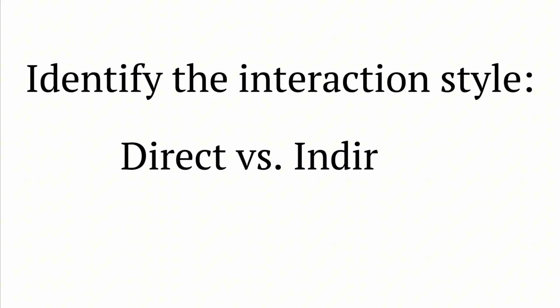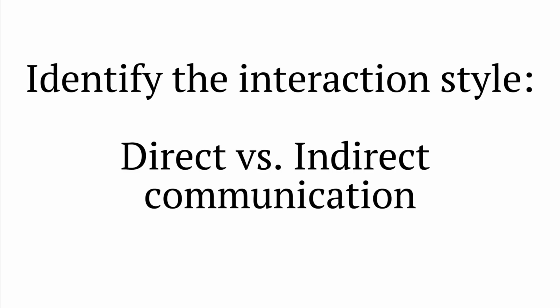Identify the interaction style to be used with each individual, because there are at least two types: direct versus indirect communication. Again, those who cannot tolerate eye contact, direct perception, it should always be indirect.